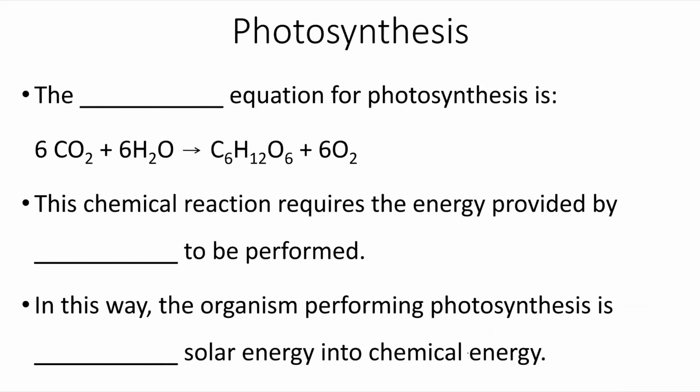When we look at photosynthesis, the chemical equation for photosynthesis is that we take 6 carbon dioxide and 6 water. These are known as our reactants, the things we have before the chemical reaction takes place.